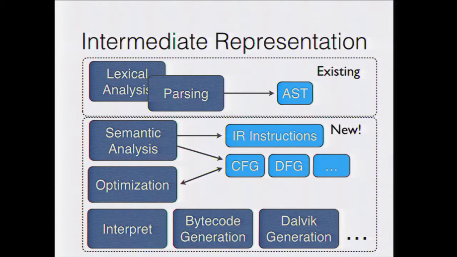But we can help the JVM by doing more work up front, and that is what IR tries to do. Instead of lexical analysis, we want to do semantic analysis and build control flow graphs and data flow graphs and do the optimization up front.